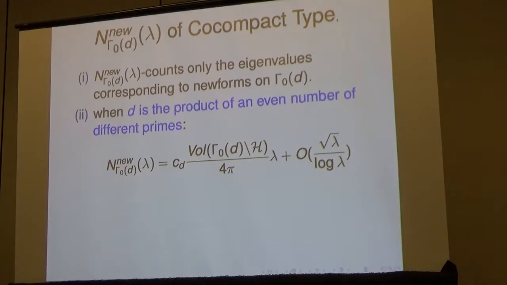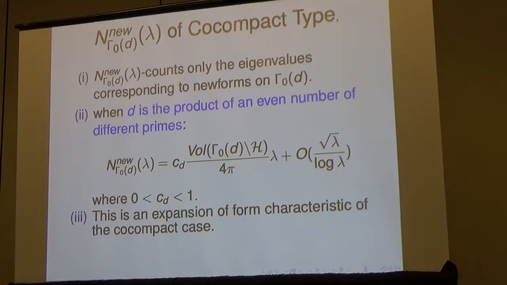So this constant is something that sits in between 0 and 1. And what we see is that this spectral counting function for new forms has an asymptotic expansion that is characteristic of what you would find in the co-compact case. And so the question became, how do you explain this?